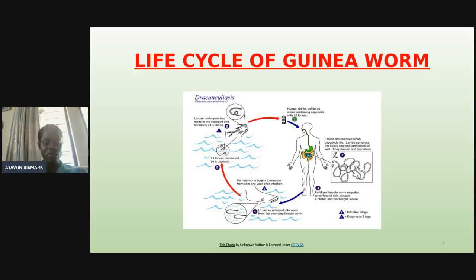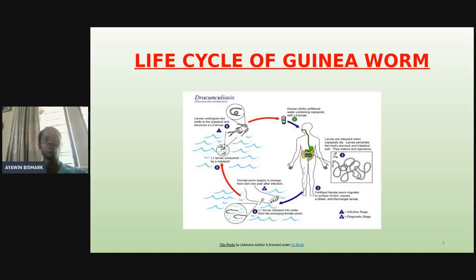After that, the female pregnant worm, which is carrying larvae, will move towards the feet. When it moves toward the feet, it will form a small blister. Because it wants to release the larvae into water, it will try to form a small opening, but it has a painful sensation.